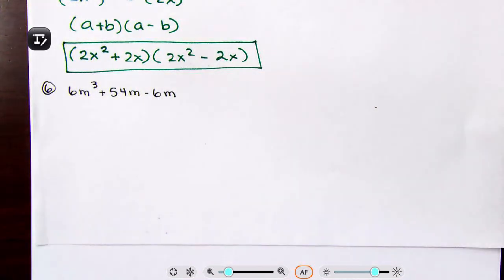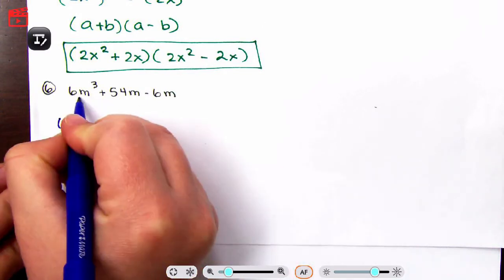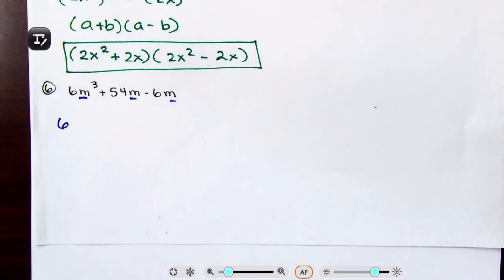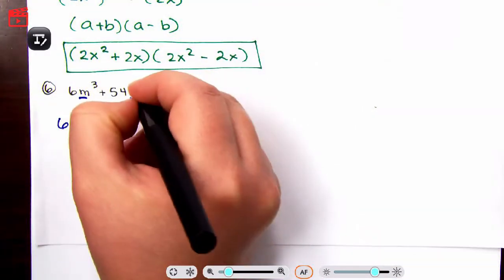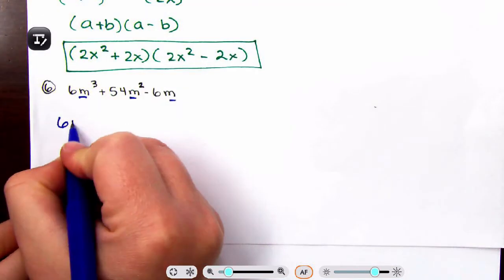And for the very last one, let's take a look at what we have. 6, 54, and 6. I'm thinking GCF because I see two 6's, so I have to check if 54 has a 6 in it. 54 divided by 6 is 9, so I can pull out a 6. However, I'm also noticing I have an m and an m. There should be an m squared here, I'm assuming, so let's add one here. So let's pull out one m.